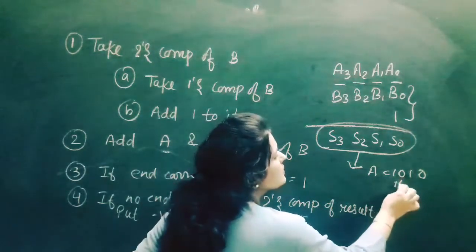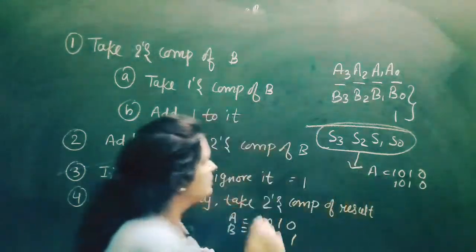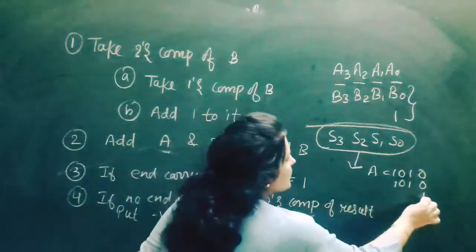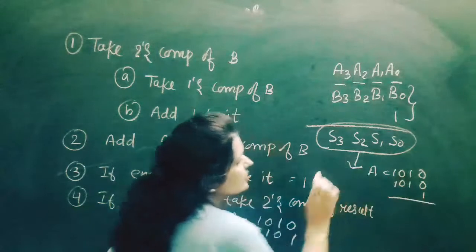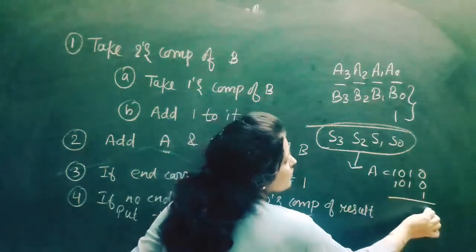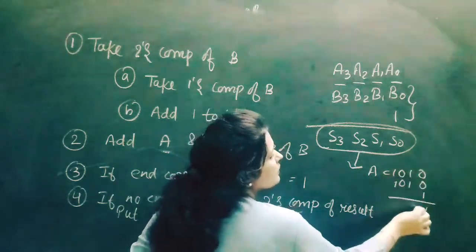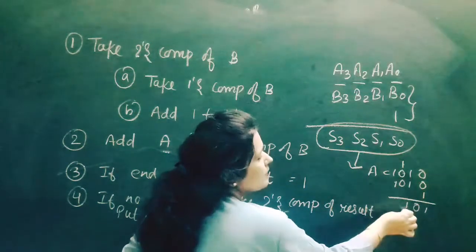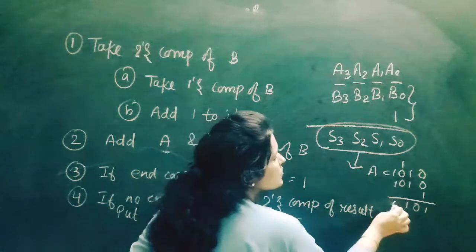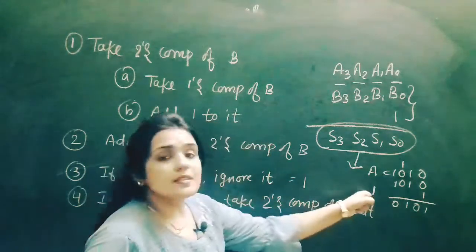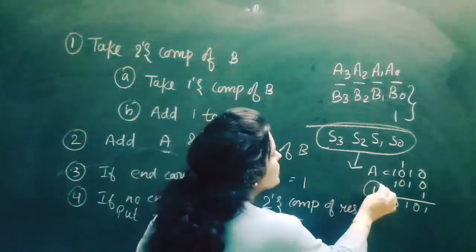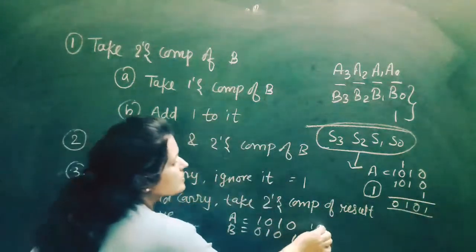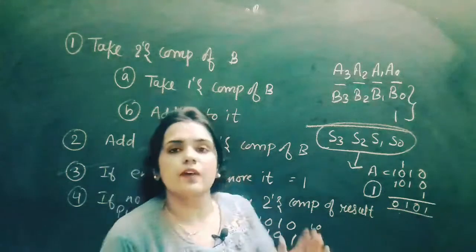Then for obtaining the 2's complement I have to add 1 to it. So I will have to add these. 0 plus 1 is 1. 1 plus 1 is 0 with carry 1. 0 plus 0 plus carry is 1. 1 plus 1 is 0 with carry 1. There is an end carry, so we have to ignore it, and this is the final result. 10 minus 5 is equal to 5. So this is the final result.